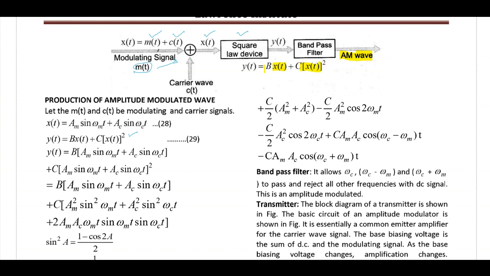Now we just substitute the value of x(t). The value of x(t) is given to be Am sin omega m t plus Ac sin omega c t. I will just write it for the matter of convenience.